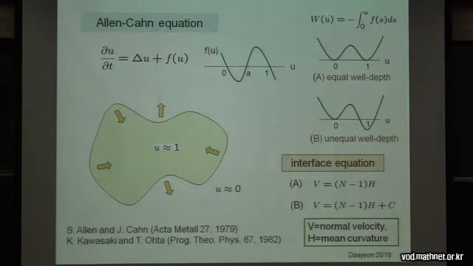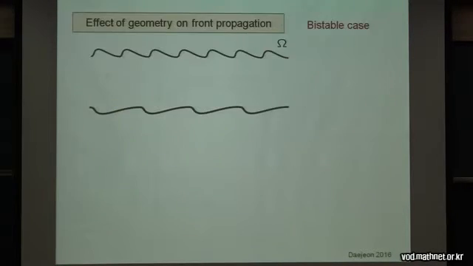Although my main talk is on the KPP type equation, I will mention briefly the Allen-Cahn equation, or more general bistable equation. And this is actually related, the bistable case.